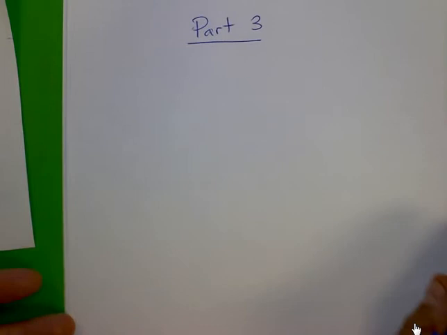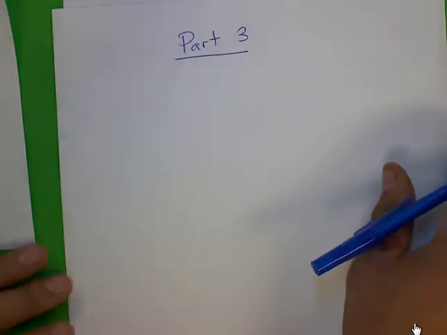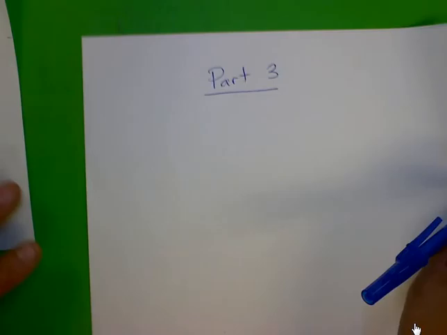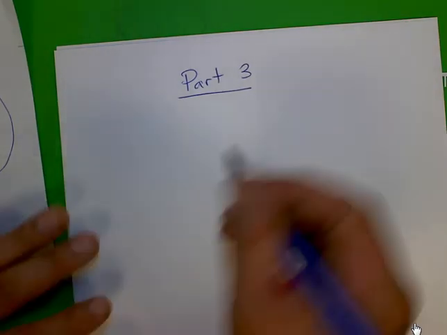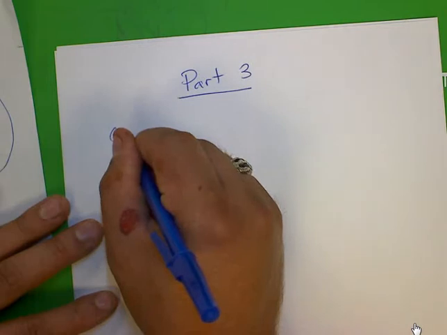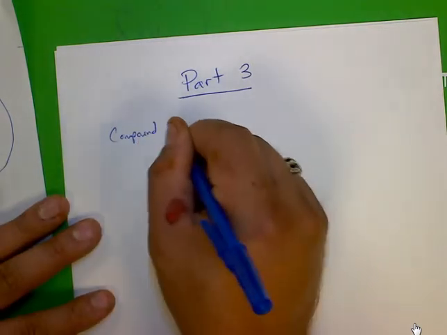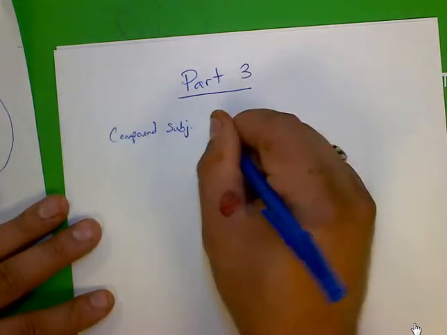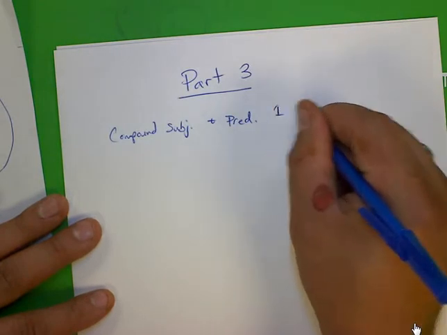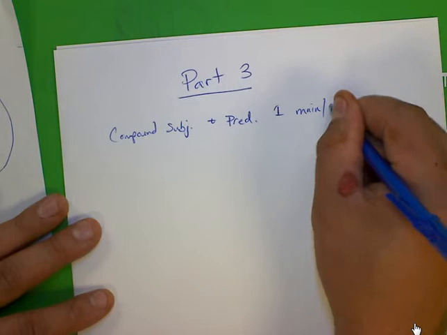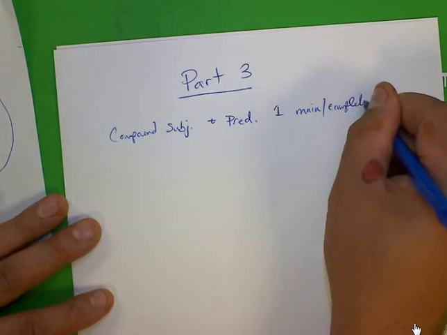Now this is the most, well, I shouldn't say the most, but the most technical of the compound subjects and predicates. When we have a compound subject and predicate together in one main or complete idea.